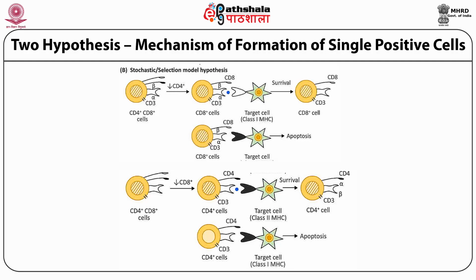So, if it downregulates CD4 co-receptor, and the cell has high CD8 and low CD4, if it interacts with a target cell with class 1 MHC molecule, it gets a survival signal and it survives into a single positive CD8 cell, while the CD8 high cell with low CD4 co-receptor, if it interacts with a target cell with class 2 MHC molecule, will get a death signal and undergo death.